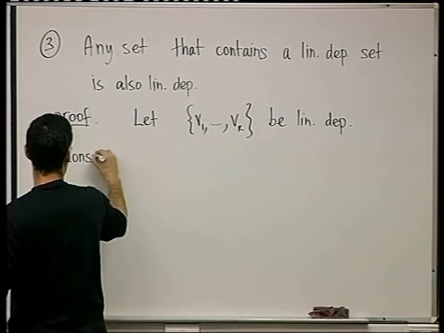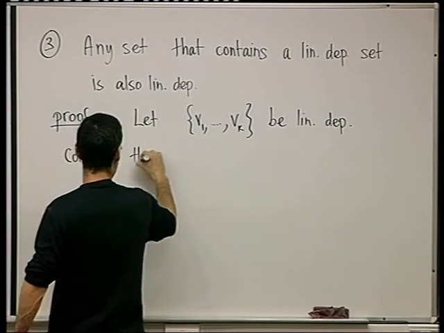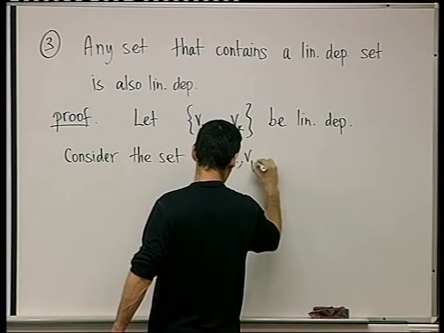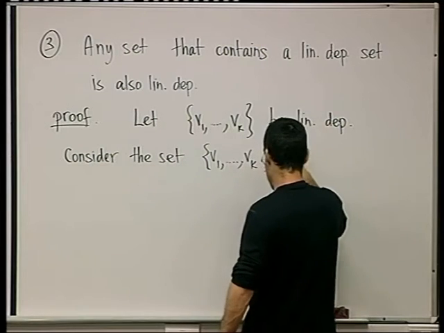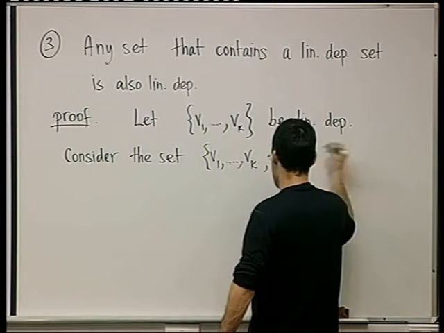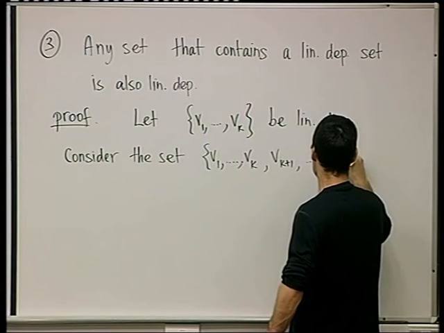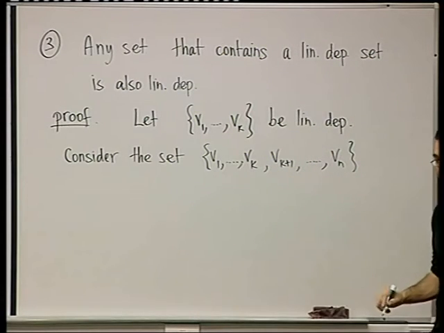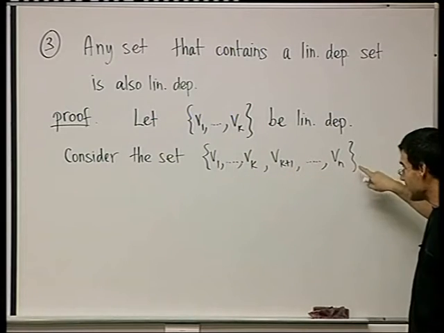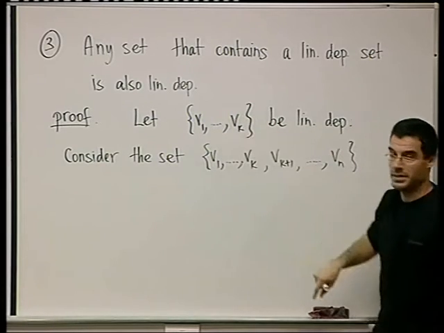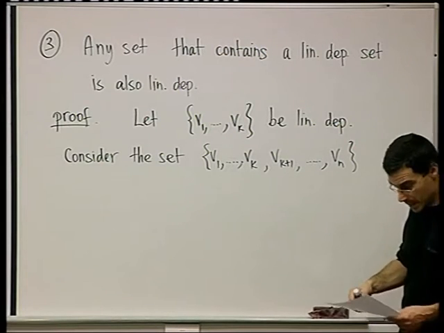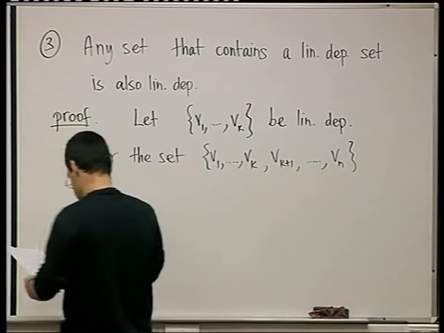Consider the set v1 to vk, and now let's add some: vk plus 1, vk plus 2, all the way up to vn. I threw in n minus k more vectors. I want to prove that this is linearly dependent. So why is it linearly dependent?